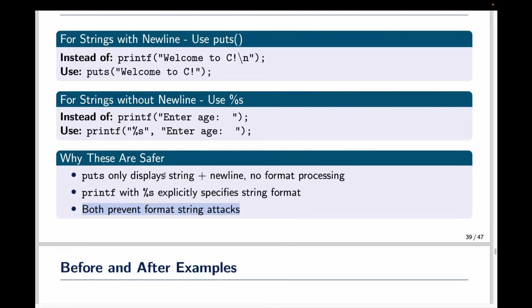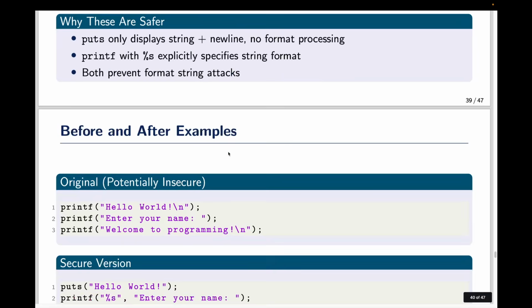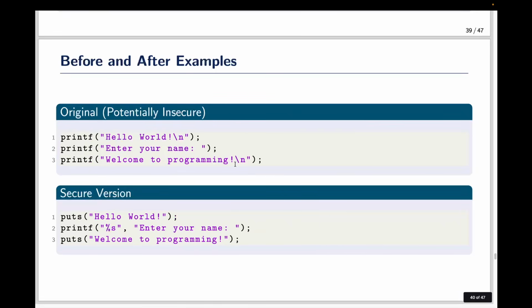But remember to use puts if you are just printing some text, or if you want to print without a new line, use printf with a format specifier and the string after the comma. Whenever you use a format specifier, it has to be inside double quotes.